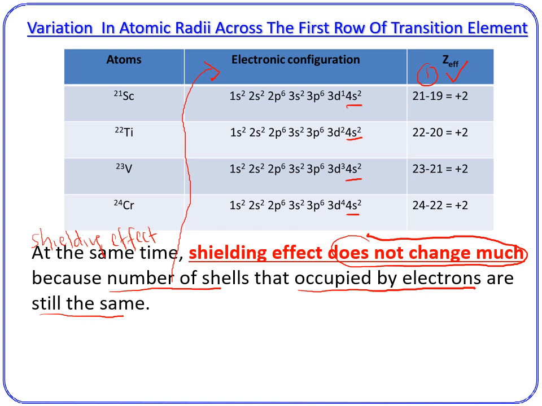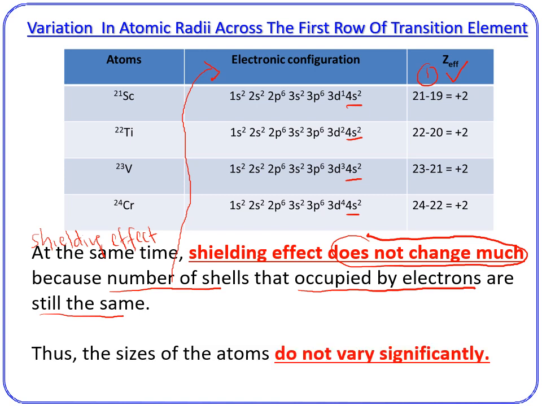So by combining both factors, effective nuclear charge and shielding effect, we can make a conclusion: the size of the atoms does not vary significantly for transition elements. Significantly here means ketara.